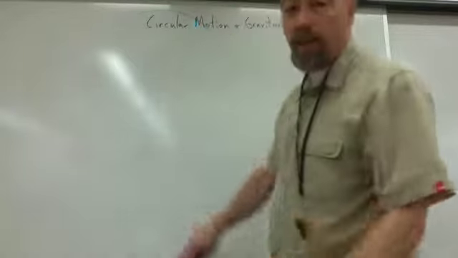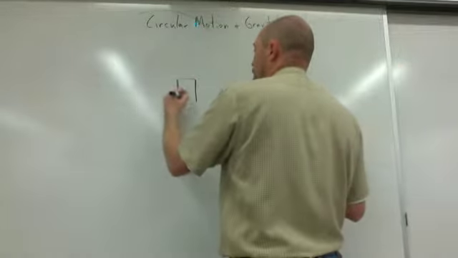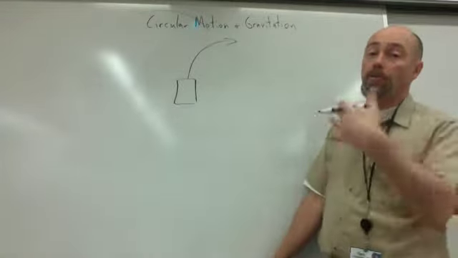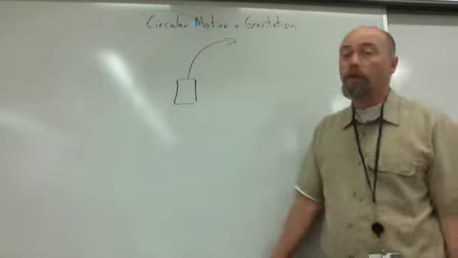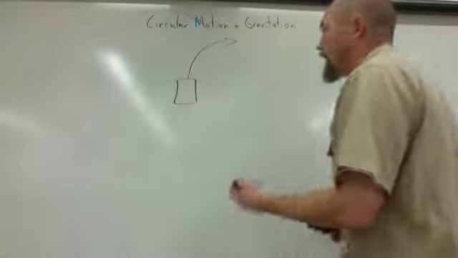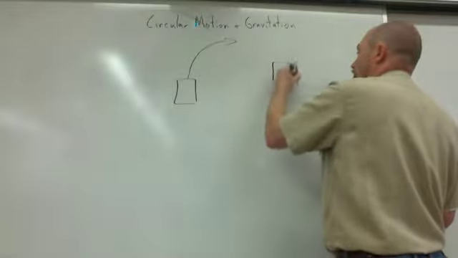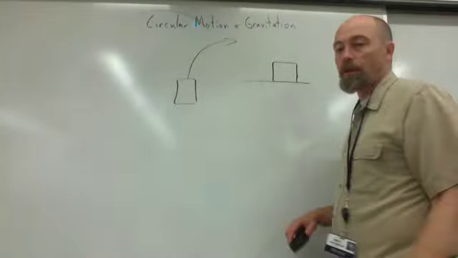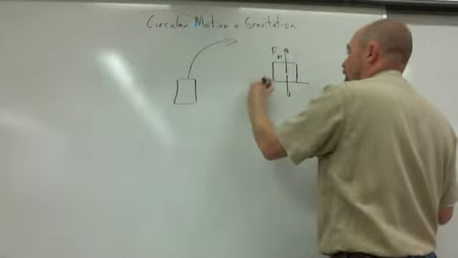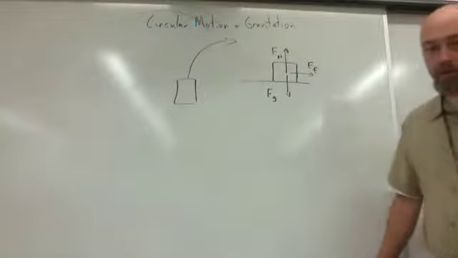We also did horizontal circle stuff. Remember, if you have a car going around a corner, what is causing the car to move in a circle? Well, friction is. If there's no friction, your car is going to move straight. This would be a top view, but if you were to look at a back view of the car, looking at the car from behind, I would have Fn, I would have Fg, I would have Ff pointing towards the center.